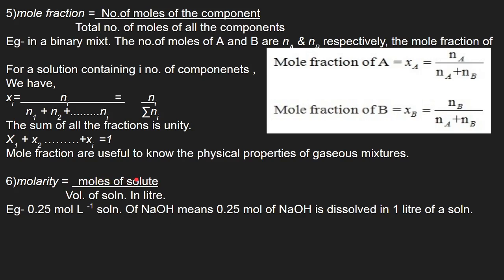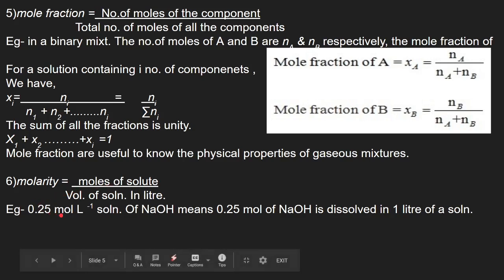For example, H2O: hydrogen is 1 and oxygen is 16, so in total H2O is 16 plus 2, which is 18. So that is the moles of solute, divided by volume of solution in liter, for example 1 liter, 2 liter, 3 liter. That will be the total volume, and then you have to find out the molarity.